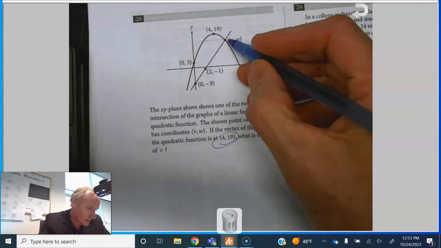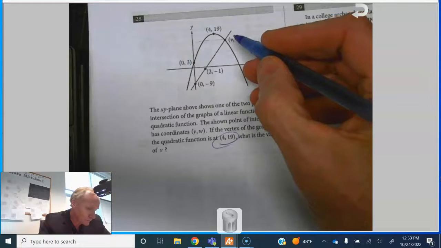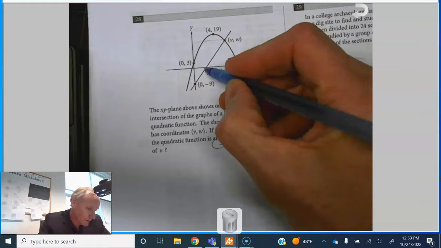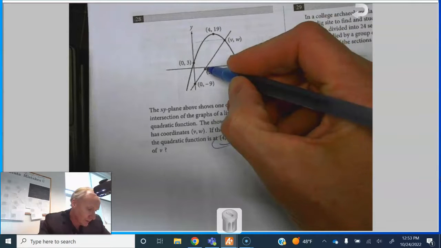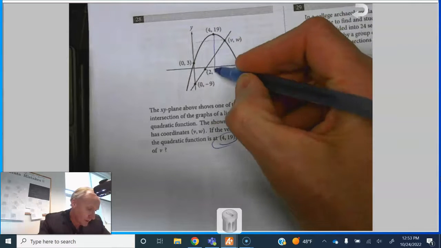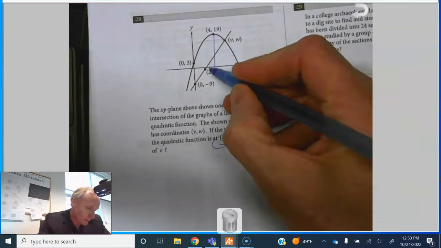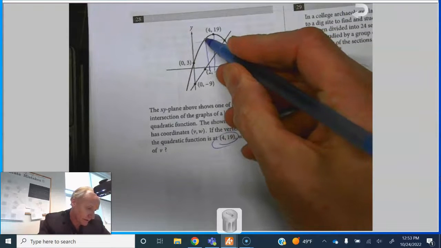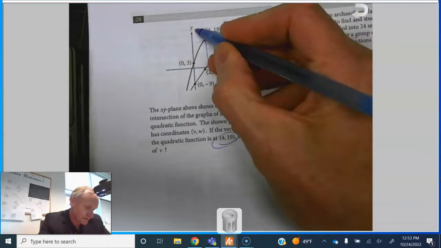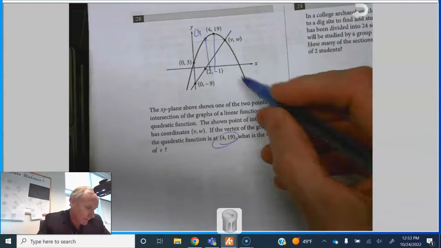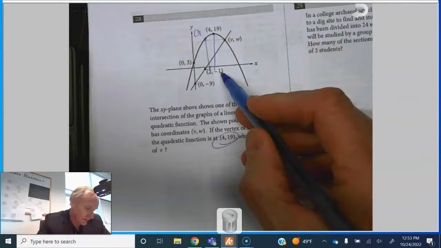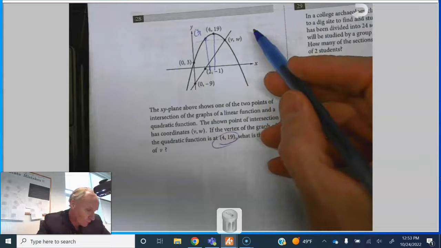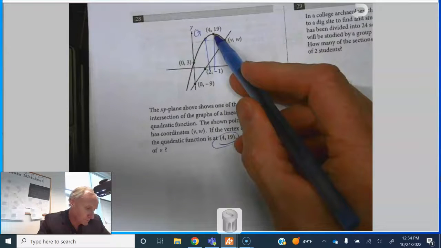Okay. This one is at 2. This one is at 4. Looks to me like 3 is probably in between. So I'm going to guess it's at 3. 2 goes to -1. Oh, here we go. Okay.